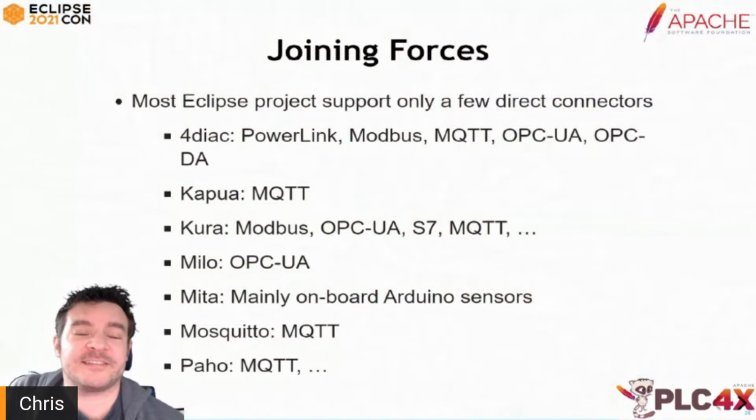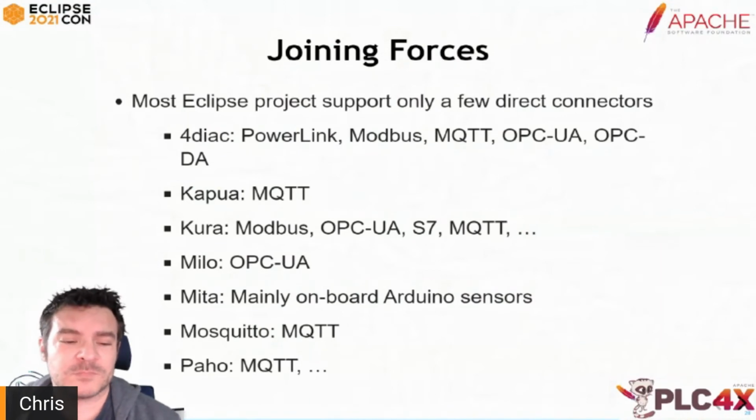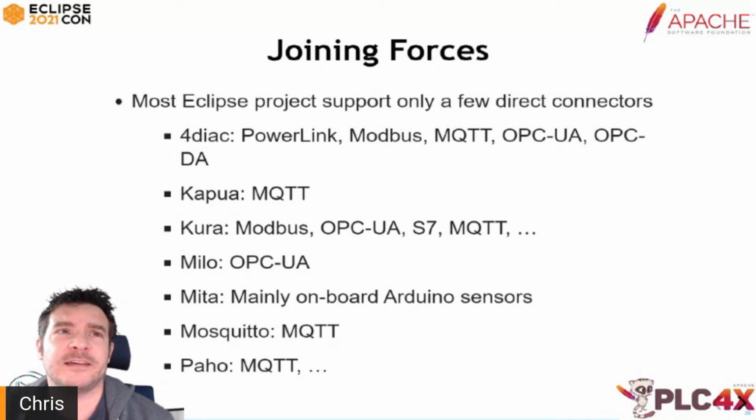For example, I had a look and a lot of the Eclipse projects support only a few direct types of connections. I had a look at Kura, Kapua, and Milo. For Diag, I could see PowerLink, Modbus, MQTT, OPC-UA, and OPC-DA. That is by far the most protocols I've seen. PowerLink we're probably going to have in PLC4X soon. Kapua only seems to support MQTT.